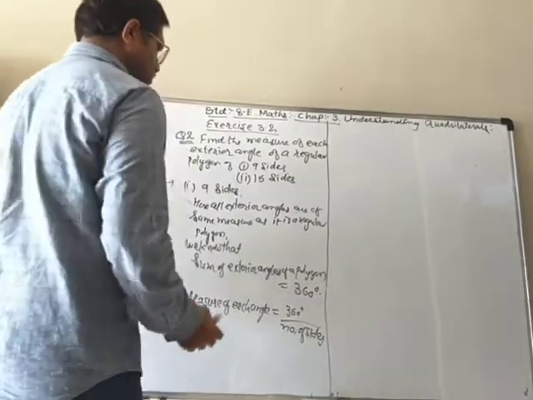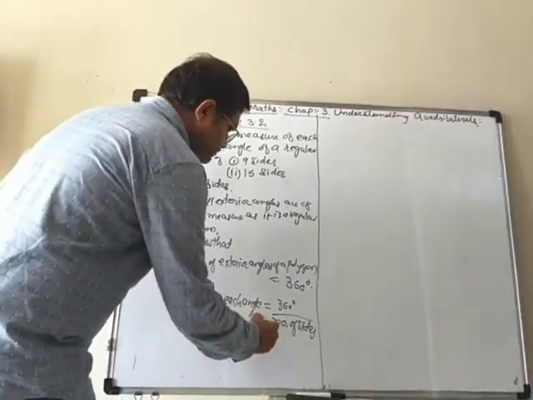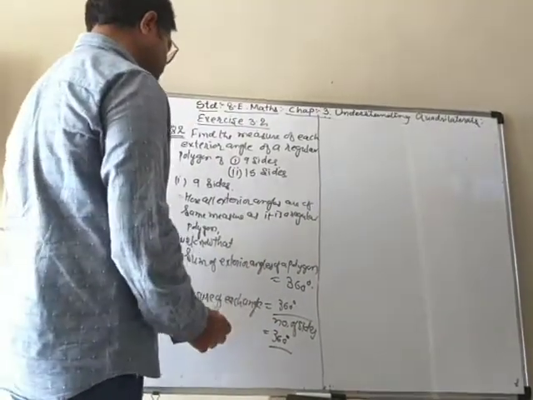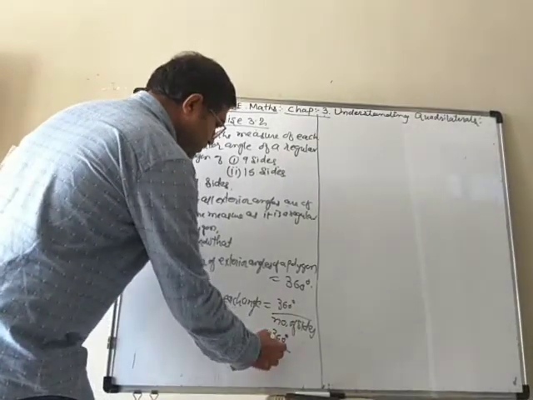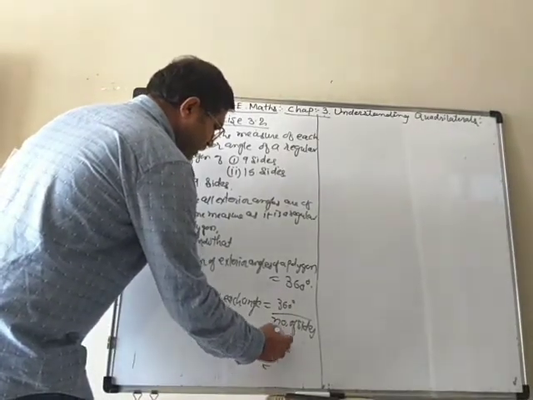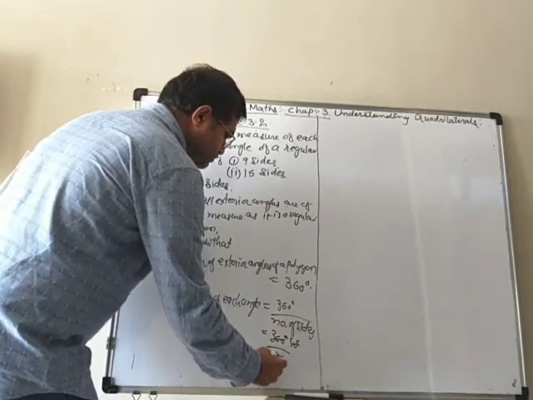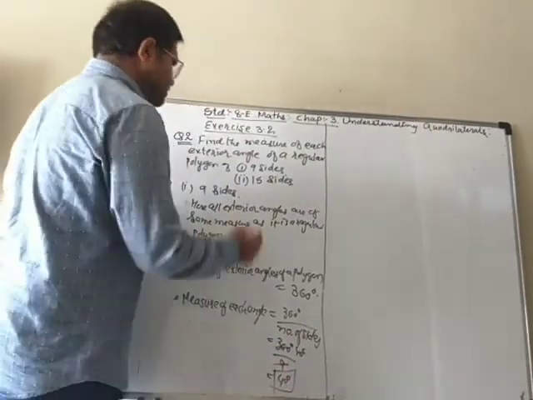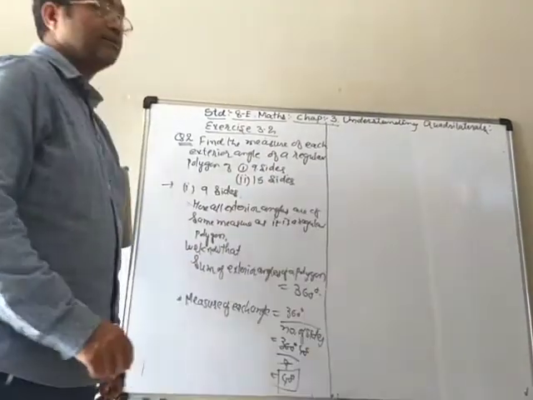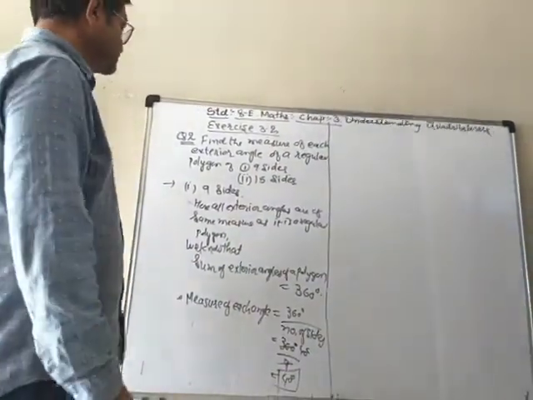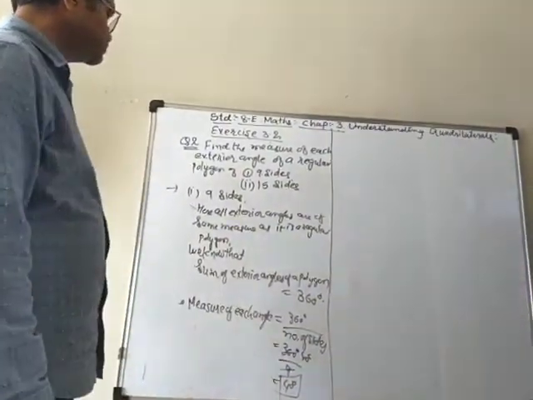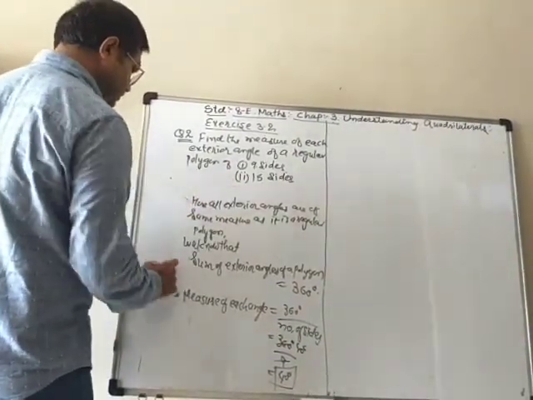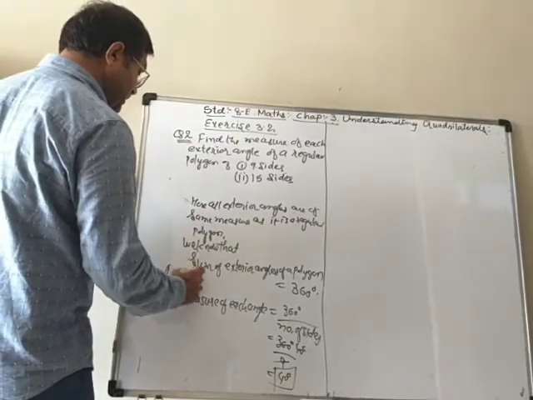So here 9 sides, so it is equal to 360 degree upon 9. 9 fours are 36, so 40 degree. So the first answer is that each angle will be 40 degree. So up to there, you can write down here number 1, 9 sides.